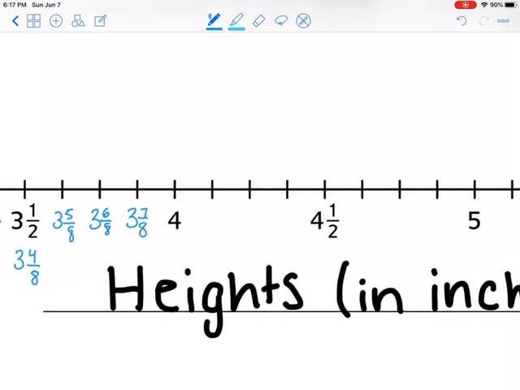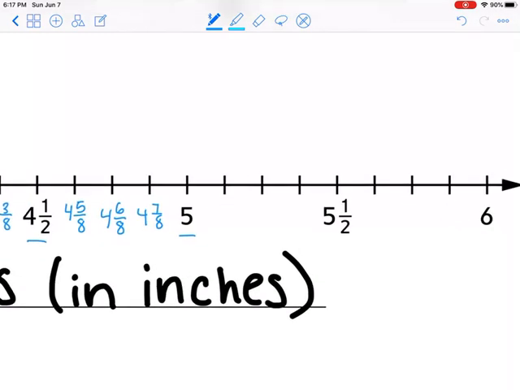Okay, so let's fill in the rest, and this just helps make easy plotting. So this would be 4 1/8. This is completely optional. You could just leave them blank and just know which one each represents, but I find that this is helpful when you start plotting the ones that are in between the benchmark data points. 4 6/8, 4 7/8.